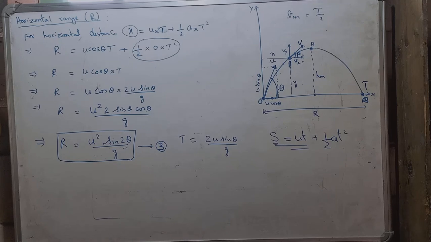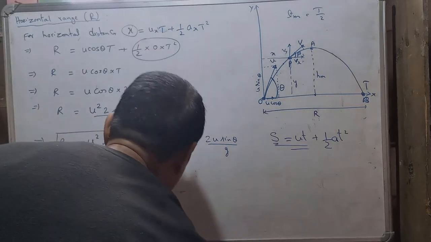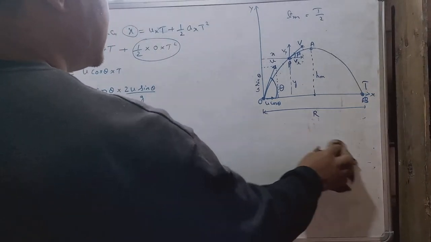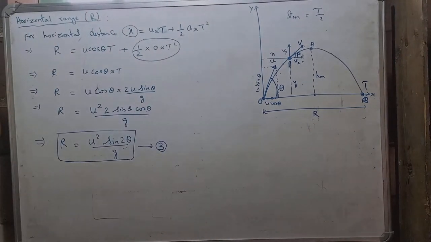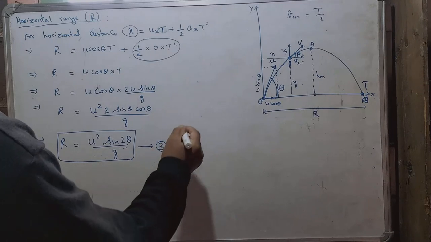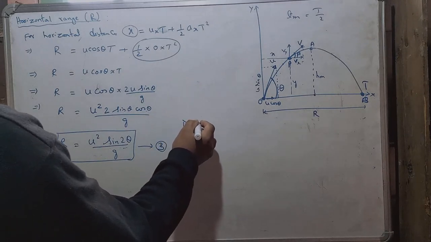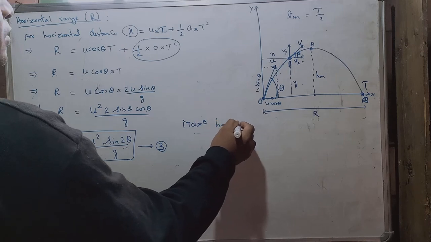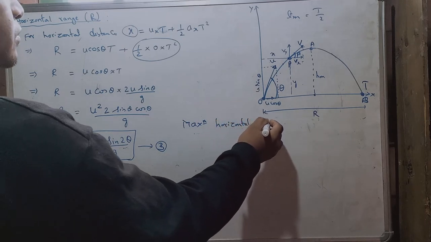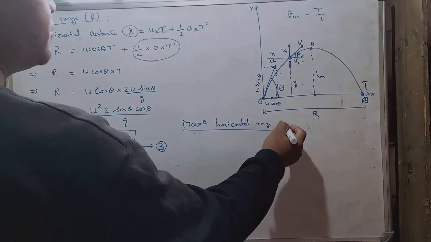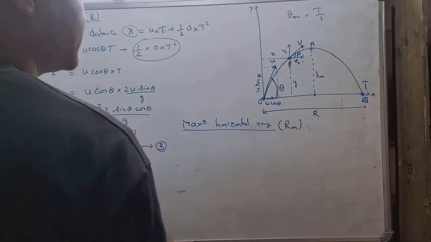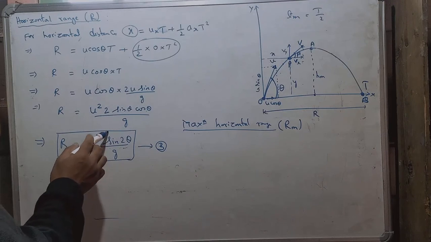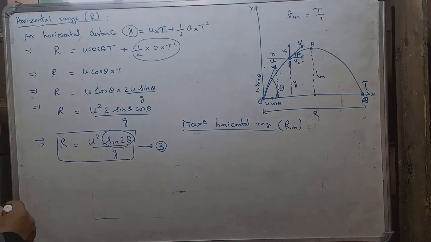Now let us see what the condition is for the horizontal range to be maximum. So, maximum horizontal range, let me denote that by Rm. Because we know this horizontal range, as seen in this equation, depends on sine 2 theta.